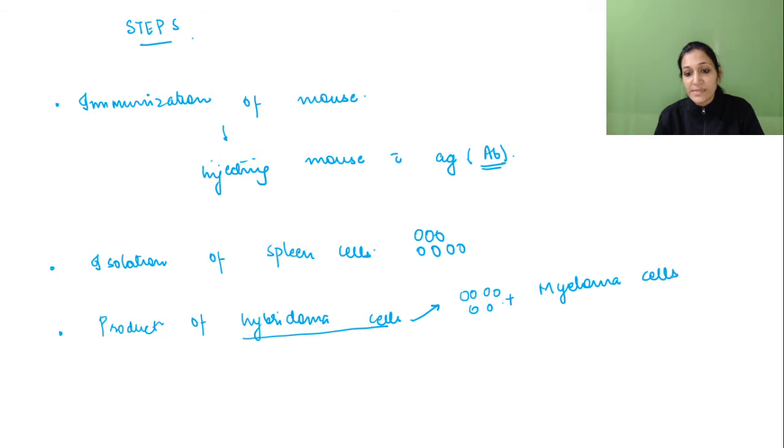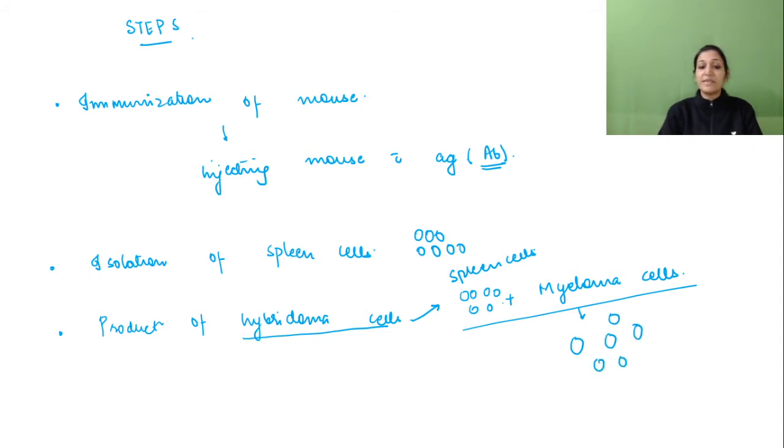They are already there on the culture, so we are not saying extraction of myeloma cells or anything. They are already maintained on a culture medium, and these are the spleen cells. Spleen cells and myeloma cells will undergo a fusion and hybridoma cells will be produced. And when hybridoma cells are produced, we need to separate out the spleen cells and myeloma cells from the hybrid cells.